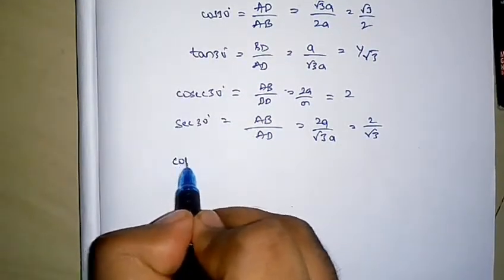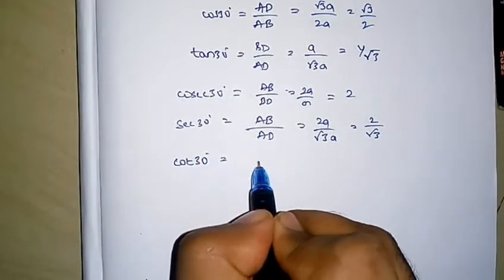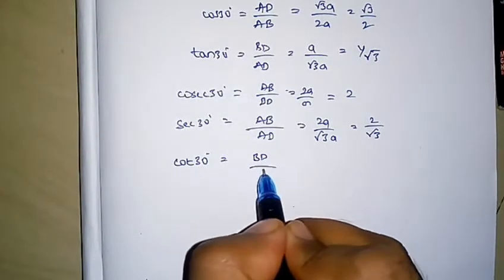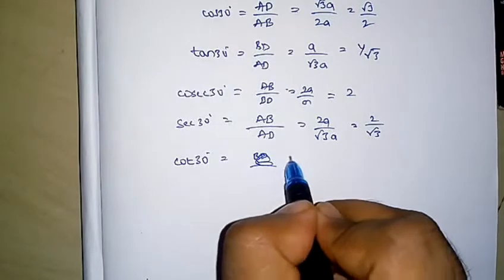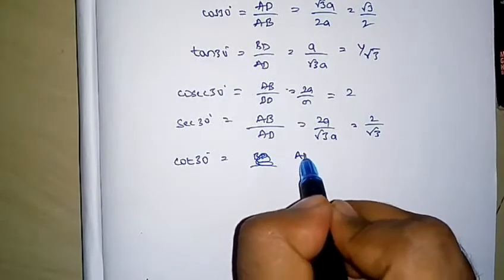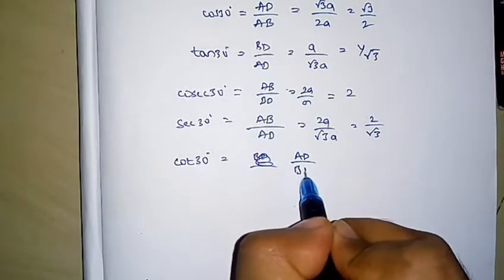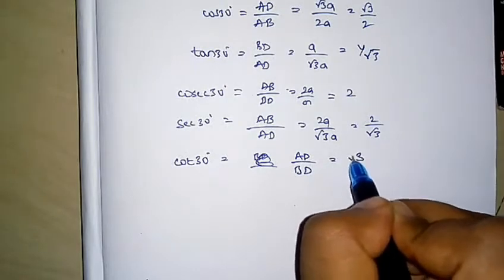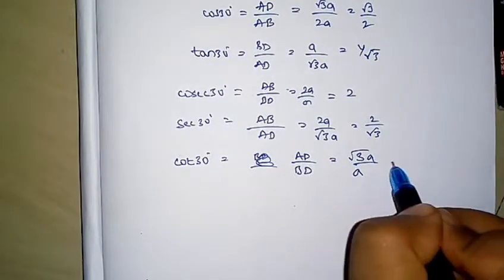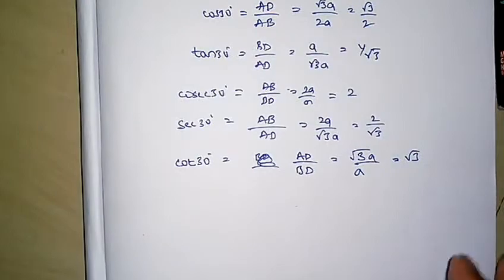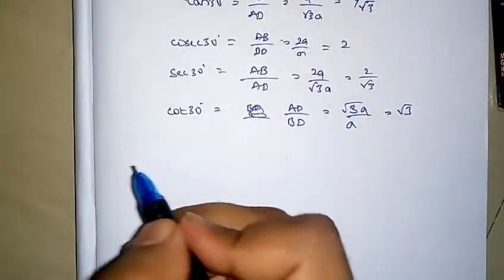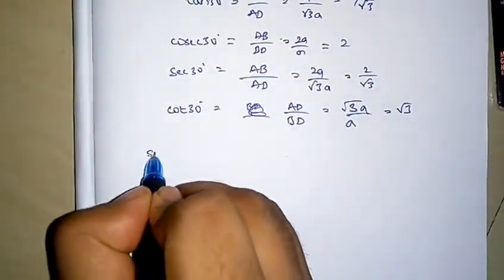Now cot 30 degrees will be equal to adjacent side AD by opposite side BD, which is equal to root 3A by A, which is equal to root 3. Similarly, we can find sin 60.